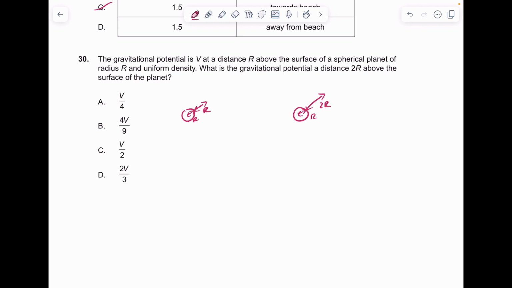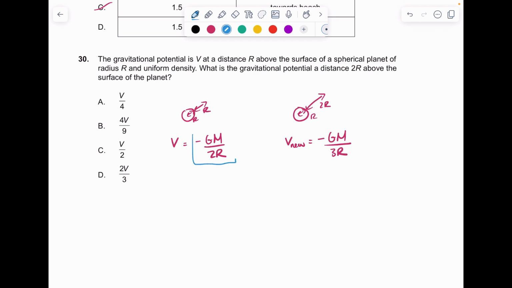So my V initially is equal to minus GM over 2r, as it is 2r to the centre of the planet. In the new scenario, my V is now minus GM over 3r. So I need to find the original expression in my new expression and factorize it out.